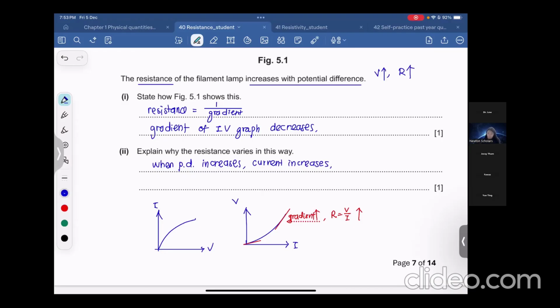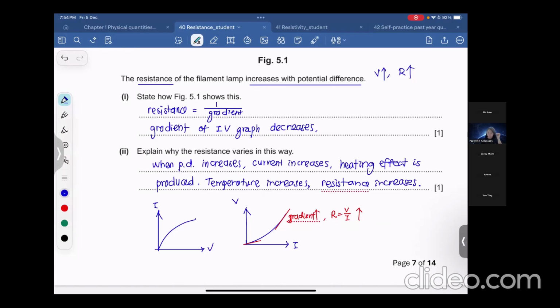So the current increases, then the heating effect is produced, then the temperature increases. Then when the temperature increases, the resistance increases.